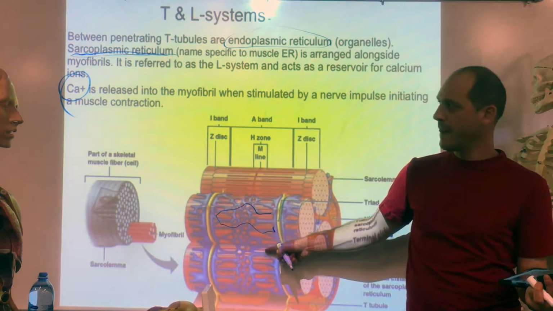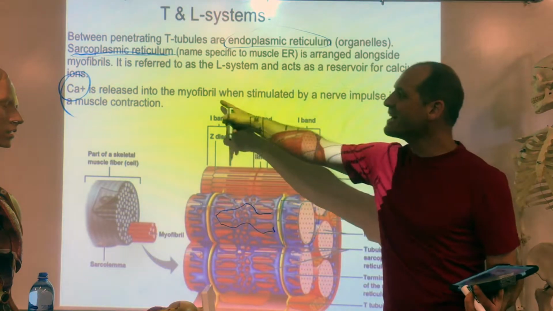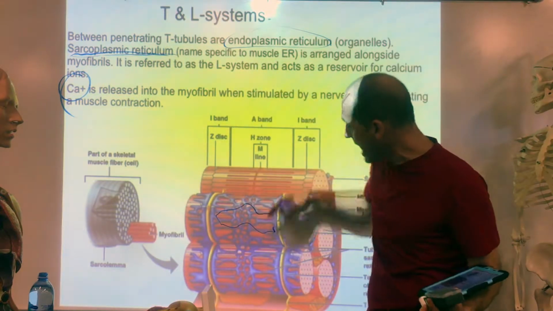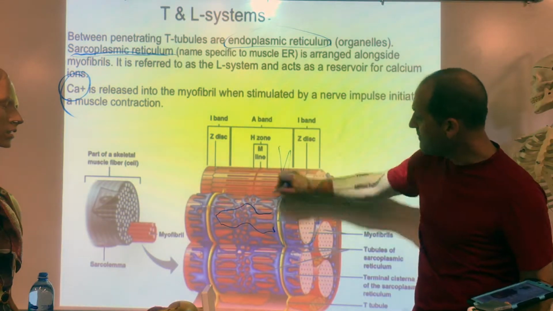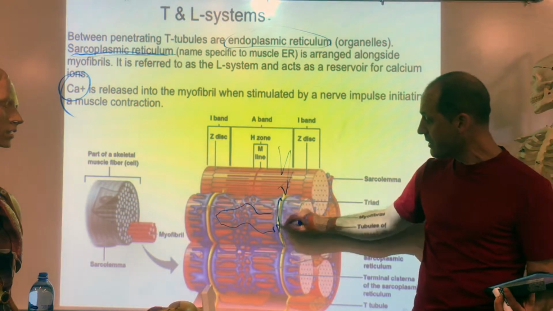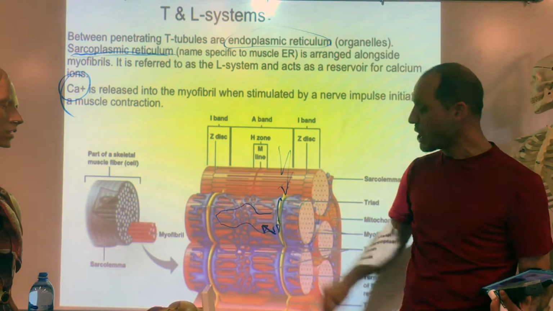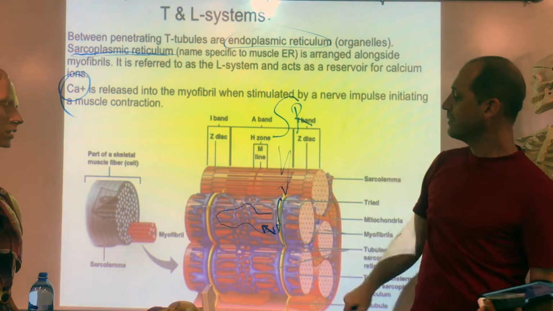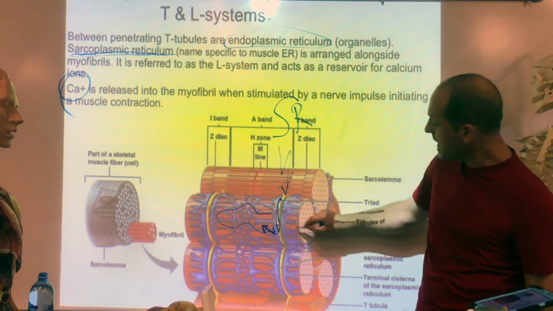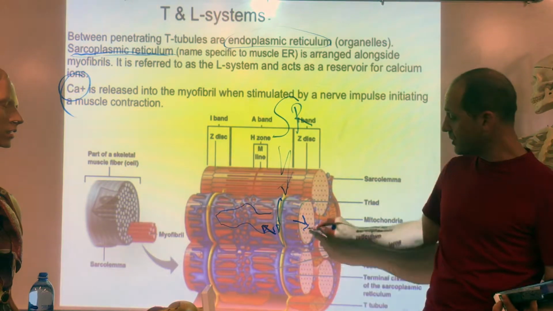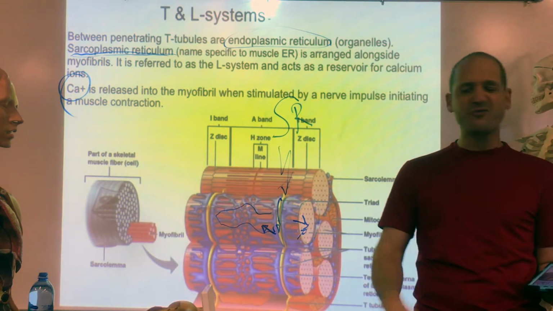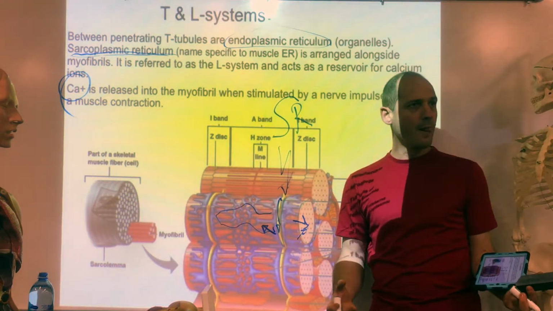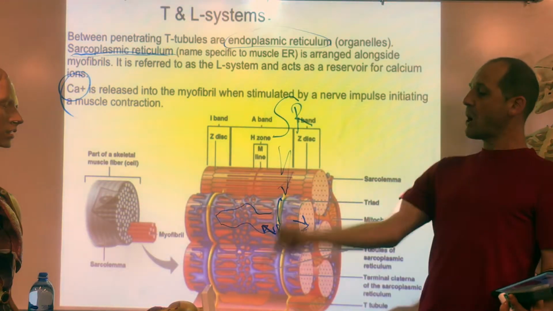And when the nerve gets down and stimulates, and we have a nerve impulse coming down here, it tells this sarcoplasmic reticulum, or SR, to release all the calcium to the inside of the myofibril. And the whole inside of the myofibril gets flushed with calcium. And that initiates the muscle to contract.